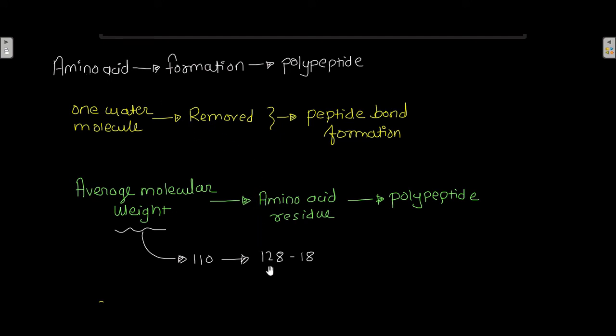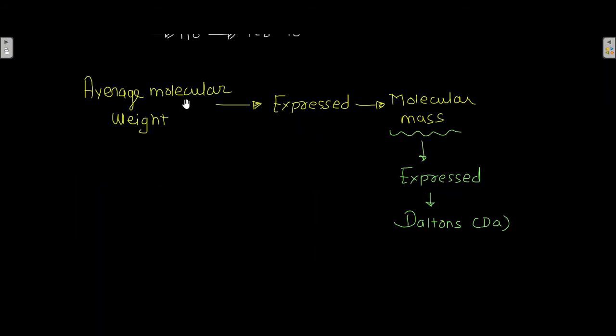But the average molecular weight of the amino acid residue is 110, because when the peptide bond forms between the amino acid residues, one water molecule is removed, and its molecular weight is 18. That's why it's 110. This average molecular weight can also be expressed in terms of molecular mass, and this molecular mass is expressed in the units of Daltons.